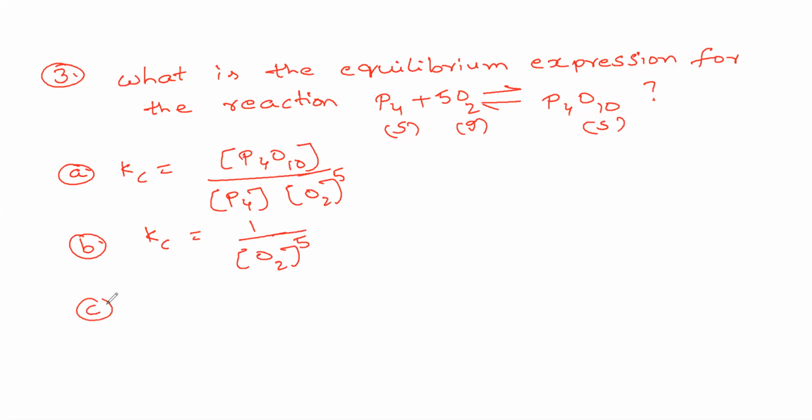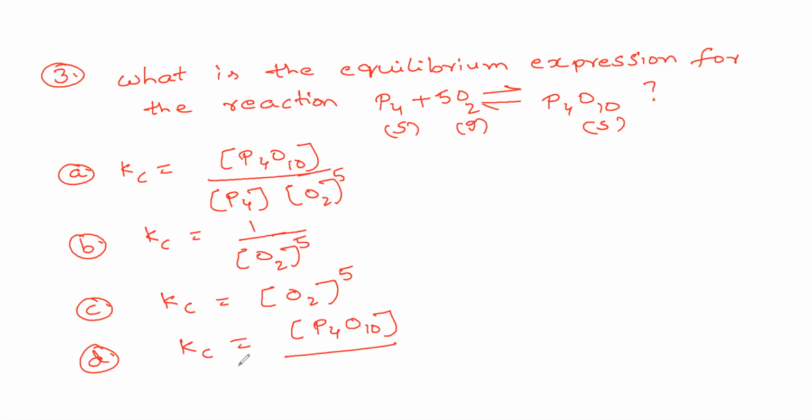Third option, Kc is equal to concentration of O2 to the power of 5. And fourth option, Kc is equal to concentration of P4O10 by 5 into concentration of P4 into concentration of O2. So these are the options for this question.